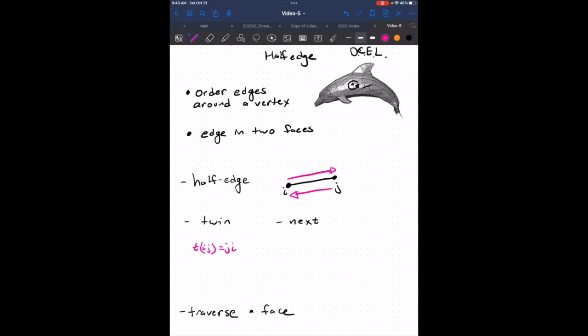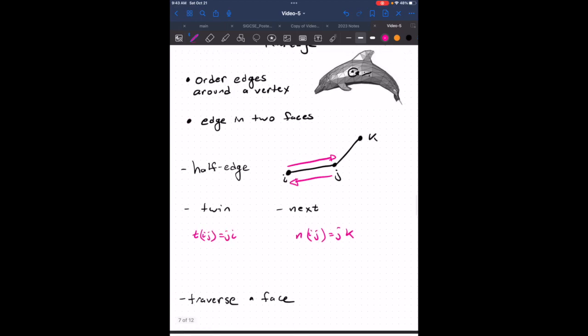If we do it twice, we get back to where we started. What's that property called? Idempotent, I believe. And we'll also have a next function. So if we apply next to ij, we'll get out jk. So with these 2 functions, we can really move around our surface and compute pretty much everything we would want.